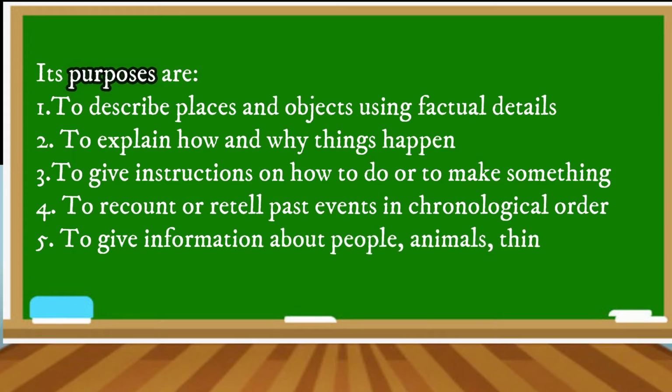To explain how and why things happen. 3. To give instructions on how to do or make something. 4. To recount or retell past events in chronological order. 5. To give information about people, animals, things, and phenomena.